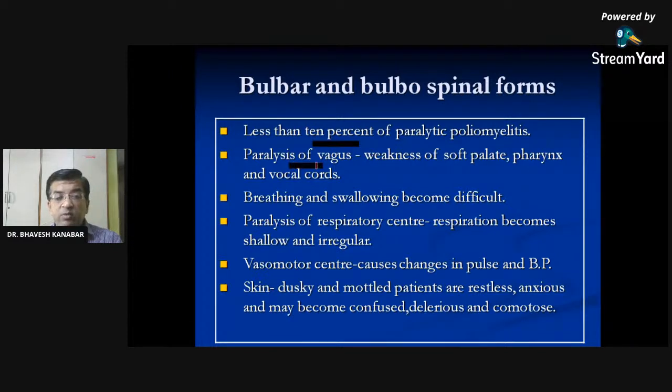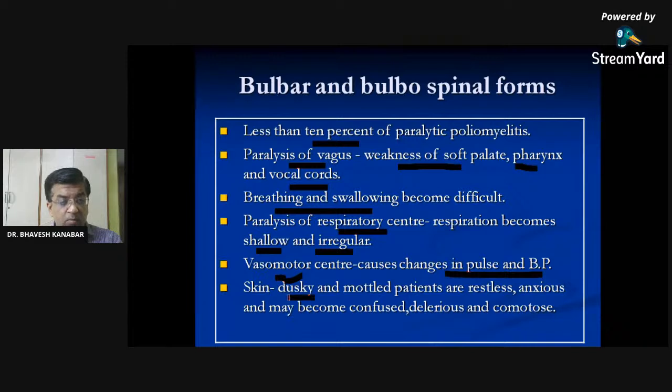There can be paralysis of the vagus. It can lead to weakness of the soft palate, pharynx, and vocal cord. Breathing and swallowing become difficult. Paralysis of the respiratory center can lead to shallow, irregular respiration. If the vasomotor center in the brain area is affected, it can cause changes in pulse and blood pressure.